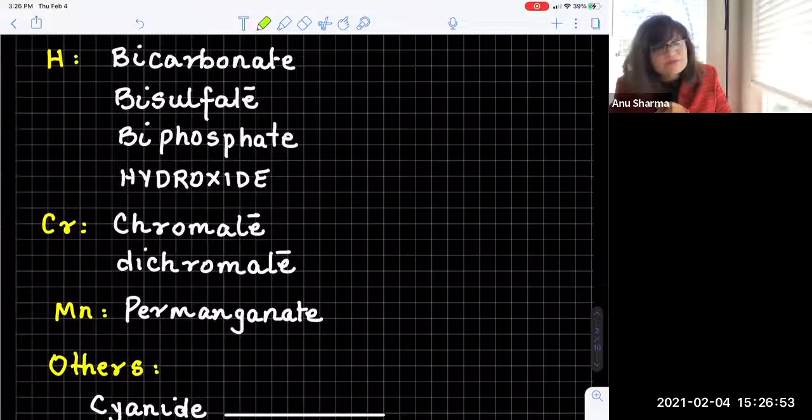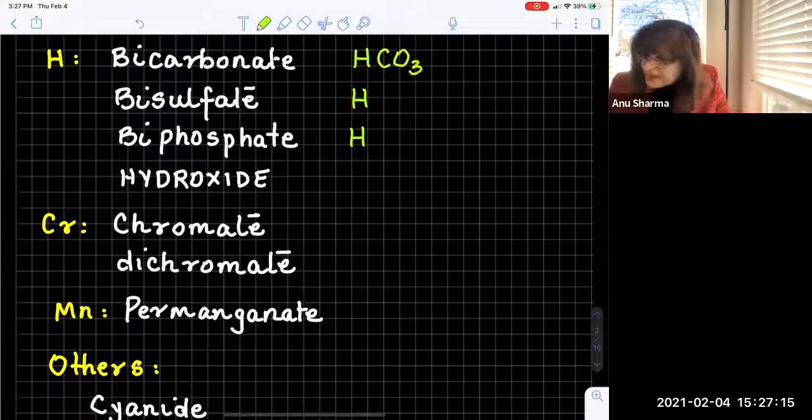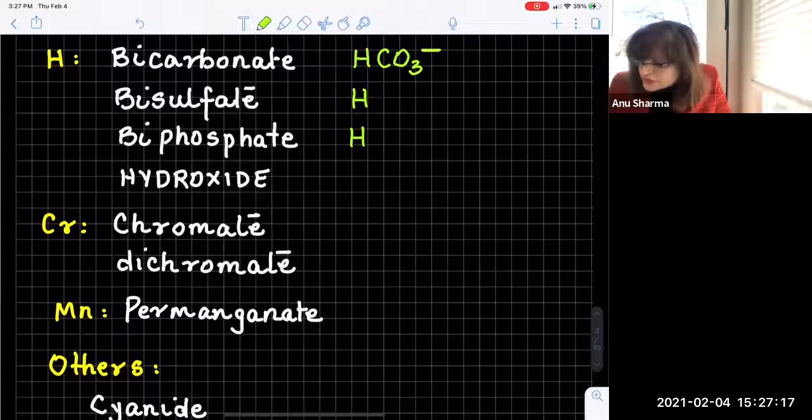Okay, now comes another thing. Fine, we understand carbonate, sulfate, sulfide, phosphide. We understand all that lower and higher oxidation state. But what happens if you add hydrogen in front of sulfate or phosphate? So here becomes bicarbonate. And notice the charge.